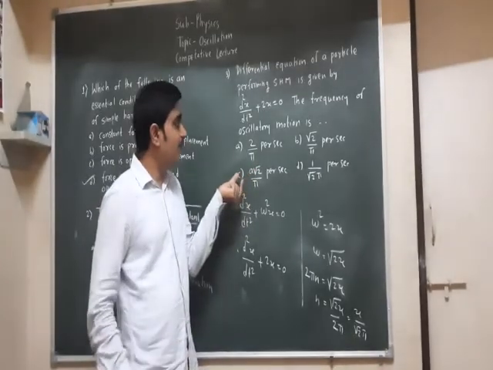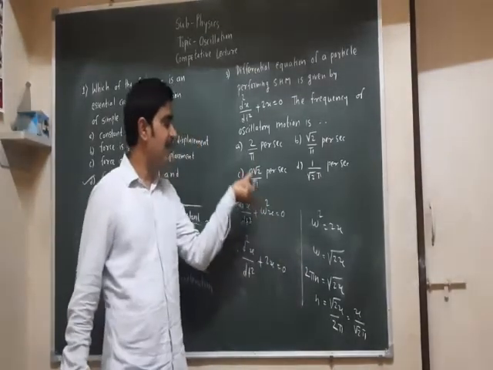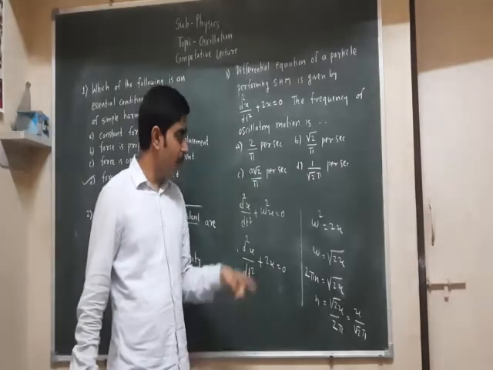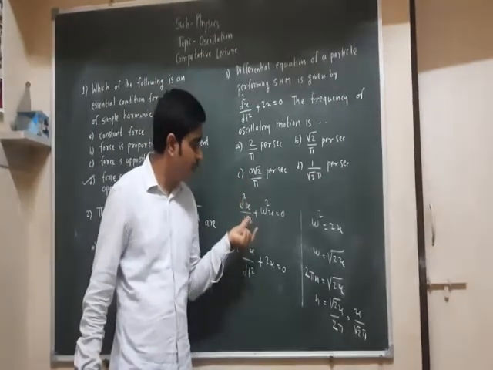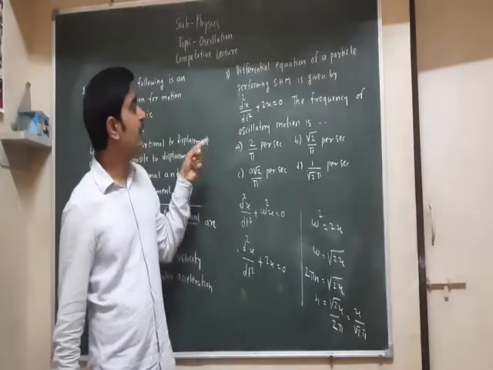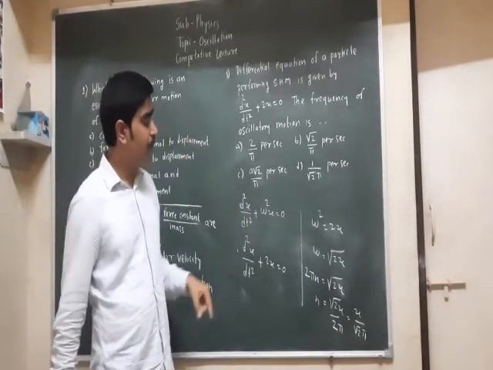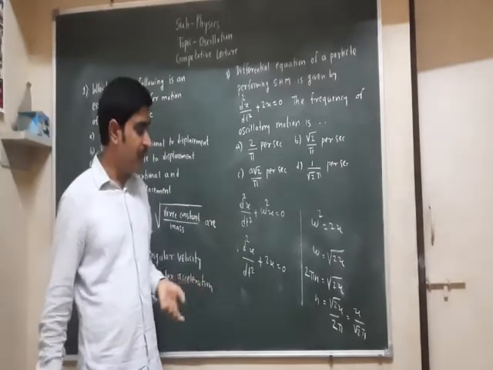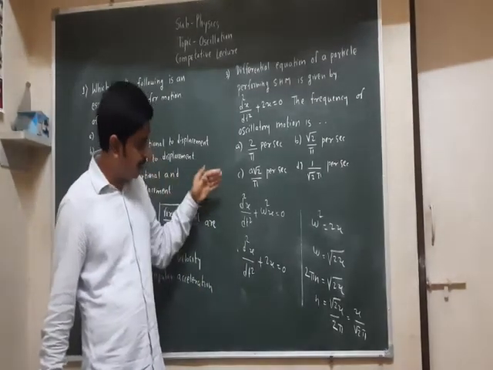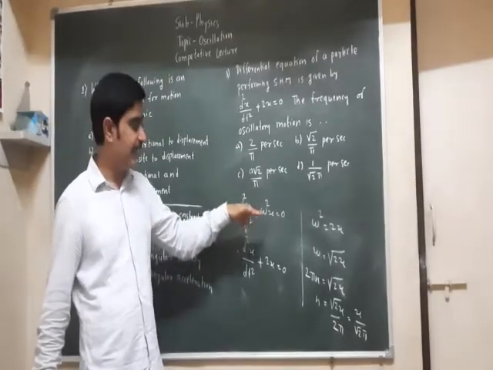Now here they have considered the displacement as a symbol a. So here you can observe what is given in the equation, the frequency of oscillatory motion. I am going to repeat here once again how we have calculated it. Friends, here d2x upon dt square plus omega square x is equal to 0.